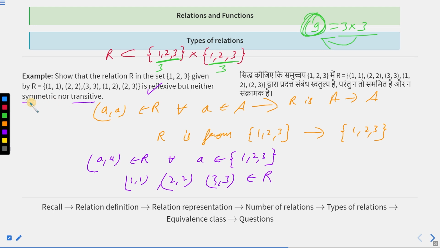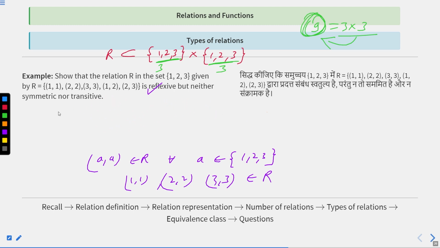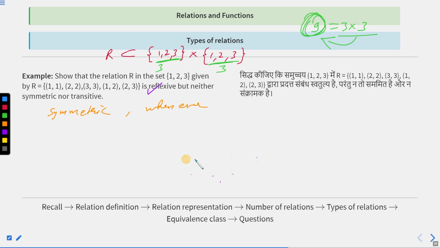What about symmetric and transitivity? For symmetricity, if you recall the definition, whenever we have (A, B) in a given relation R, then (B, A) must be in the relation R. If this is happening, then we can say that our relation is symmetric.